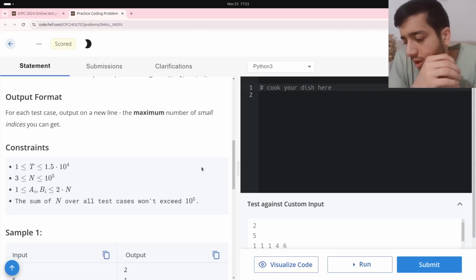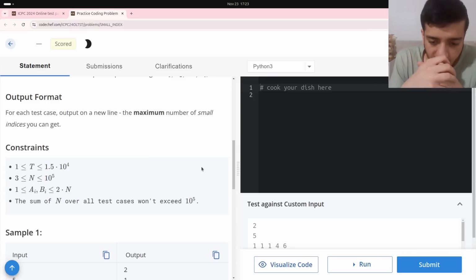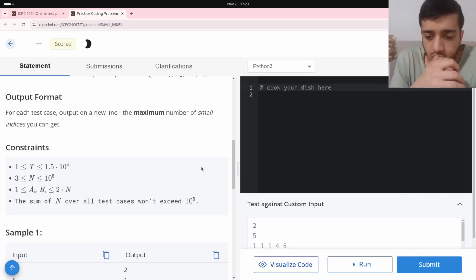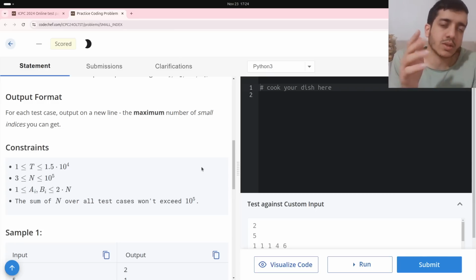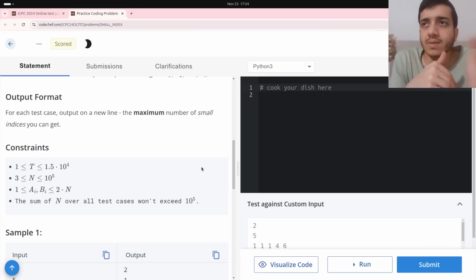So let me define level. Level means the sum of two largest elements of the array that we already filled. So when we are at index I, level is the sum of two largest elements in the indices to the left.